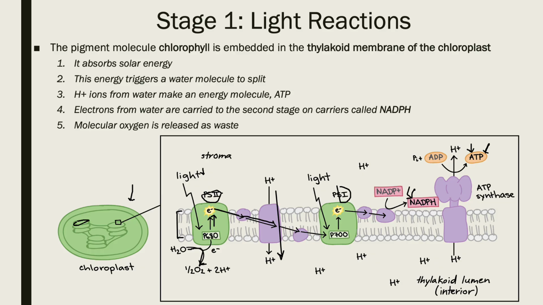In doing so, hydrogen ions or protons from the water will generate our proton gradient, which then goes on to phosphorylate a molecule of ADP into ATP. This is the exact same thing we saw last chapter. The electrons stripped from water are carried to the next stage on electron carriers, in this case NADPH. And the oxygen from water is released as waste. So again, a very, very similar process to what we saw in cellular respiration.